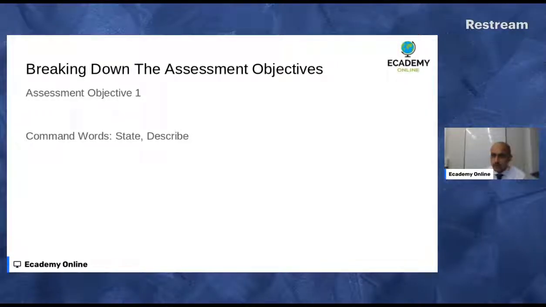Those are the 2 most important ones. And explain, suggest, and discuss, or to what extent questions are generally assessment objective 2, 3, and 4 sort of questions. If you want me to go through more detail on these, if you go back to my previous live stream last week, you'll find a lot more detailed explanation for those.